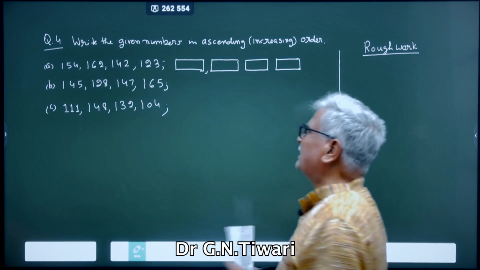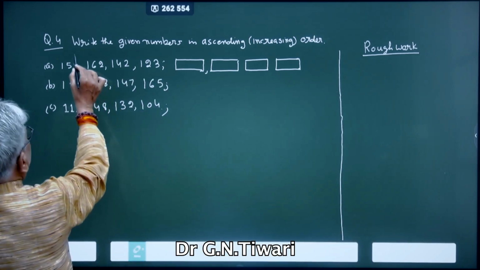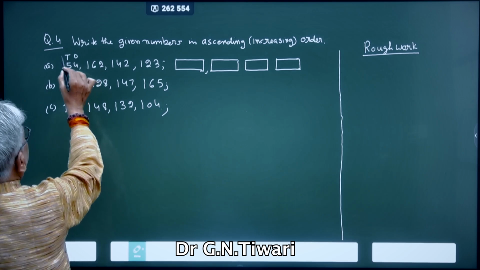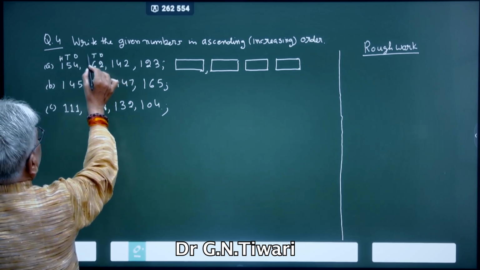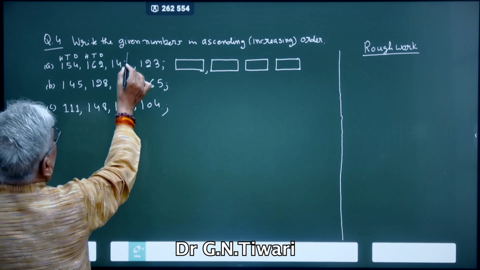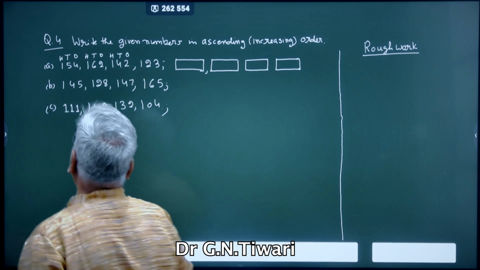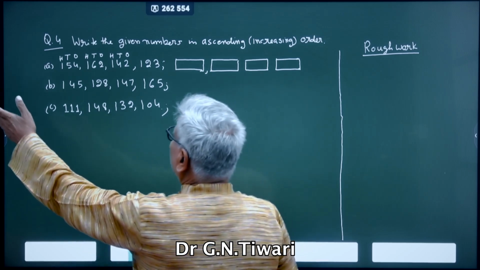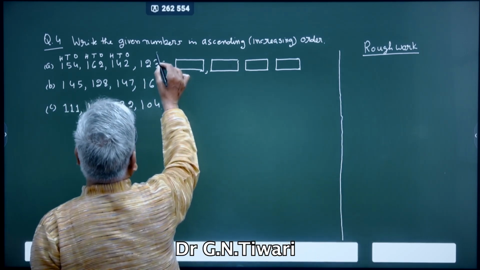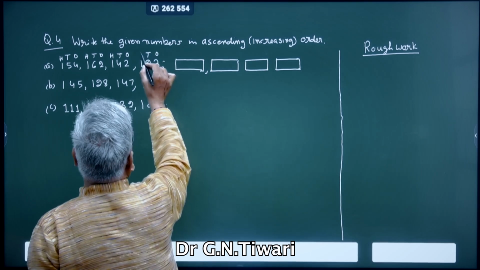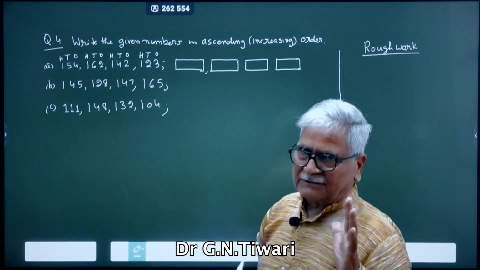Take the example of question A. For that I have said you write O T H, O T H, O T H. Now since at H, at 100, in all numbers there is 1.